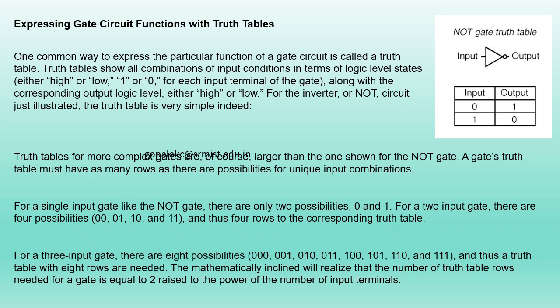A two input gate has four possible input combinations, as we can see from the AND gate or OR gate. A three input gate has 8 possibilities. In general, the number of truth table rows is 2 to the power of the number of inputs.